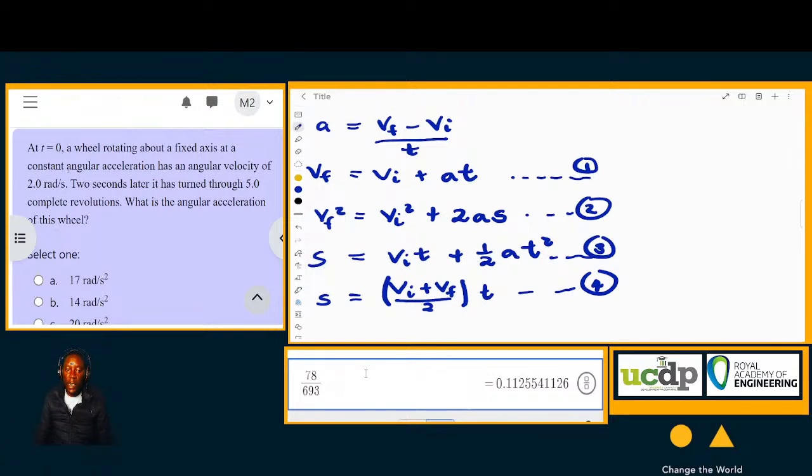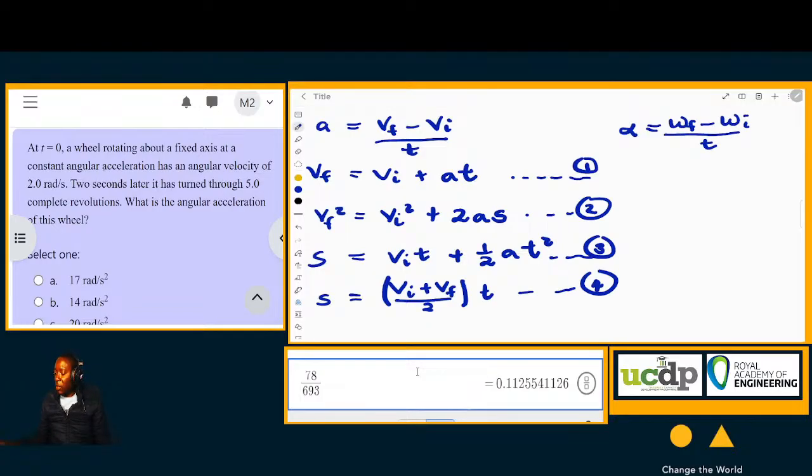So now the analogy, when we look at motion about a fixed axis, like you see a wheel rotating about a fixed axis like that with constant angular acceleration. So our acceleration changes to be angular acceleration, which we represent by alpha. And this will be omega final, the final angular velocity, minus initial angular velocity over time. Time doesn't change, right?